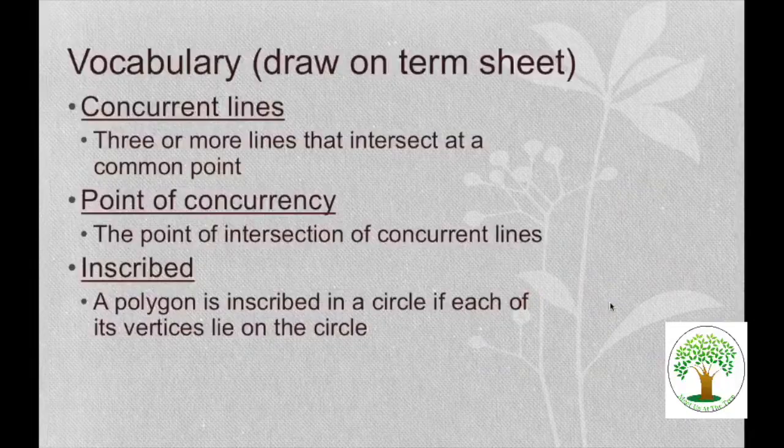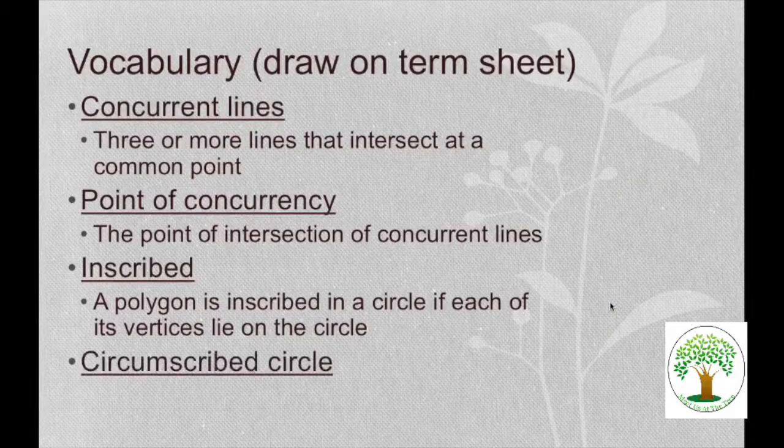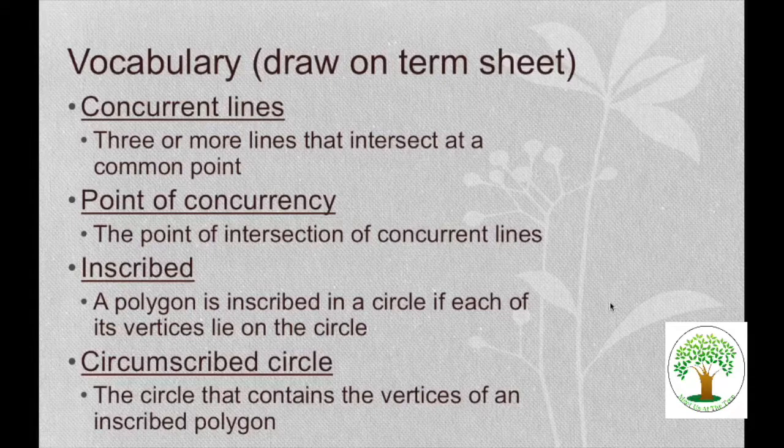Next vocabulary word is circumscribed. This first part here means outside, the circum. And then scribe means written, so it's written on the outside. So if you have a circumscribed circle, it's the circle that contains the vertices of an inscribed polygon.